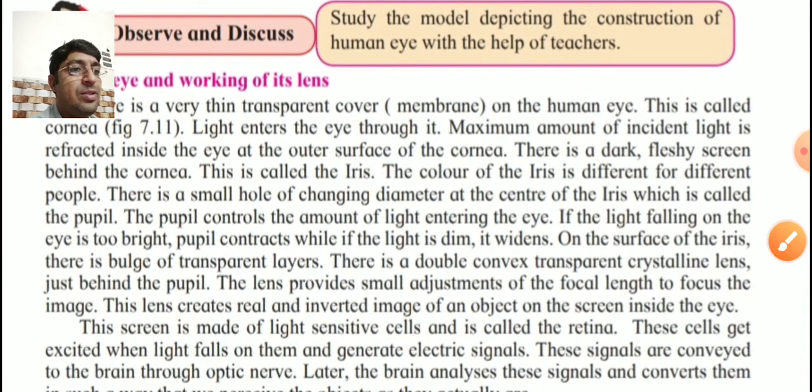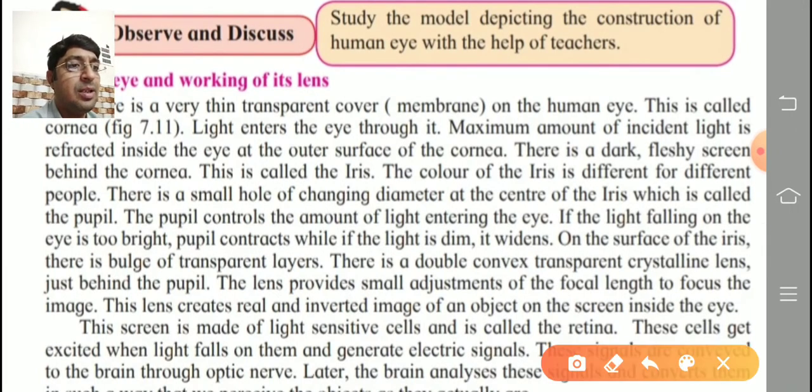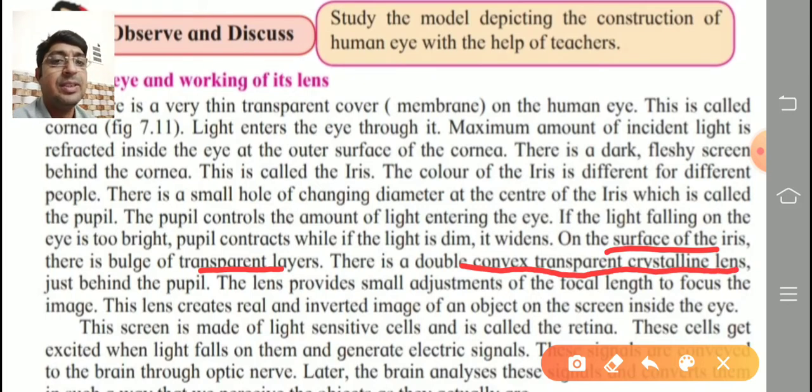On the surface of iris, there is a bulge of a transparent layer. So there is a double convex transparent crystalline lens just behind the pupil. So the next important part is the eye lens.